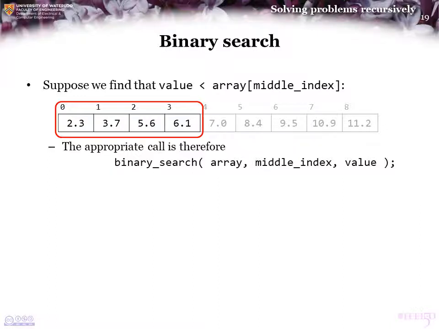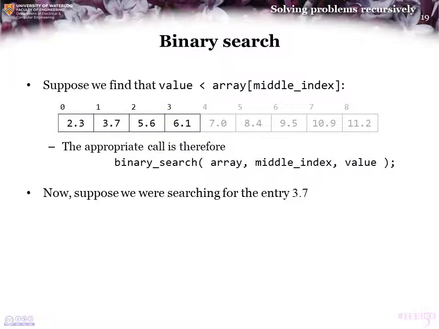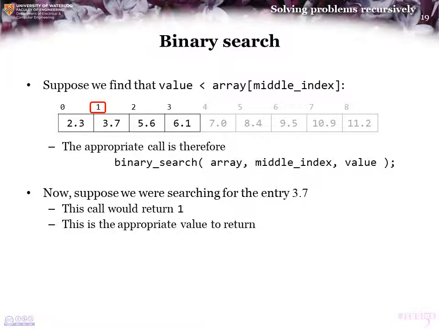All right, that's reasonable. So suppose we're searching for the entry 3.7. Now, the call that we see here is going to return the index 1 because that's where 3.7 is found. Well, that's okay because 3.7 is also in the index 1 of the array of capacity 9. So that would in fact be the appropriate value to return.